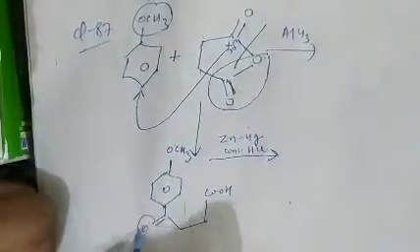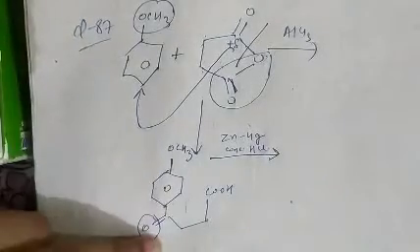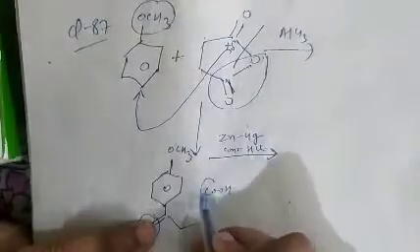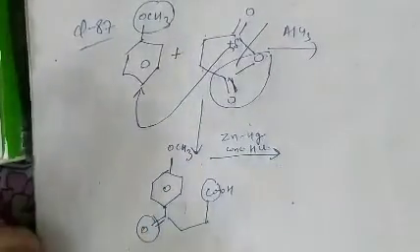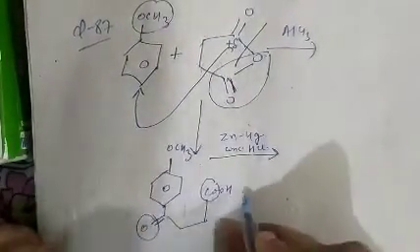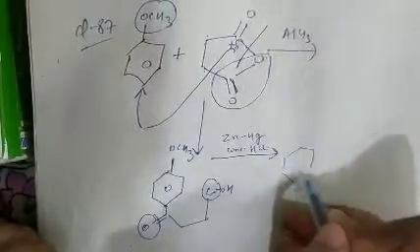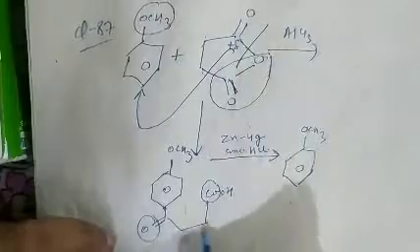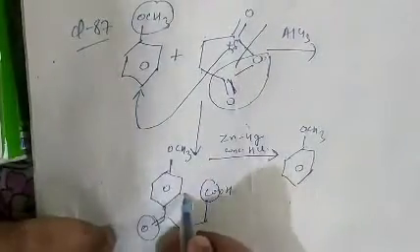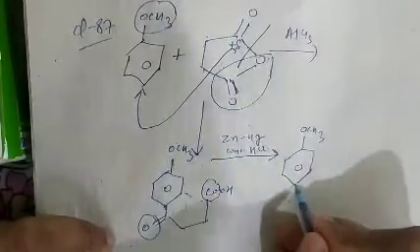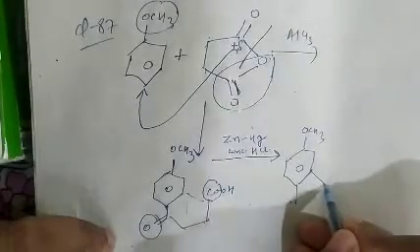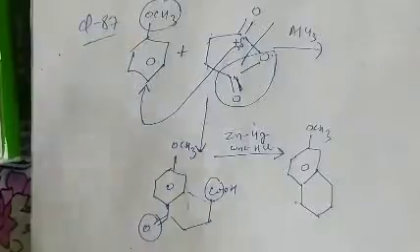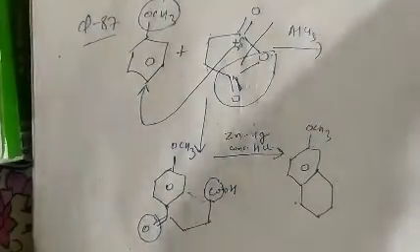So this compound will be reduced, with removal of oxygen and addition of hydrogen. Now the final product obtained is a cyclic ring. This compound is OCH3 as it is and a 5-member ring attached. So the compound formed is this one, the final product. So question number 87, option D is correct.